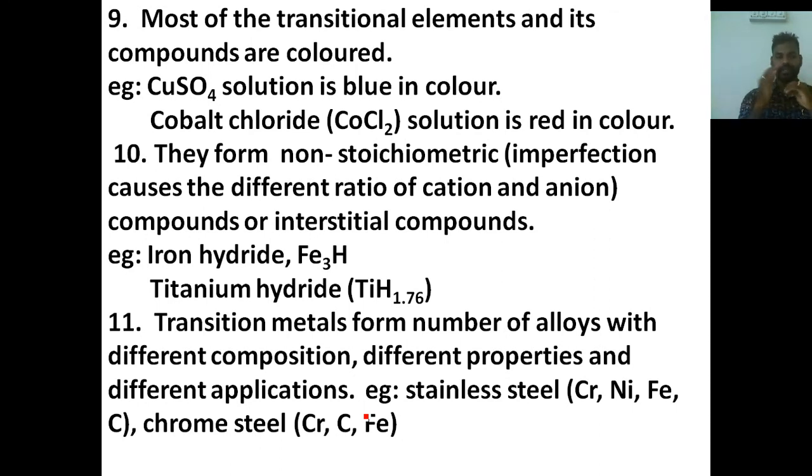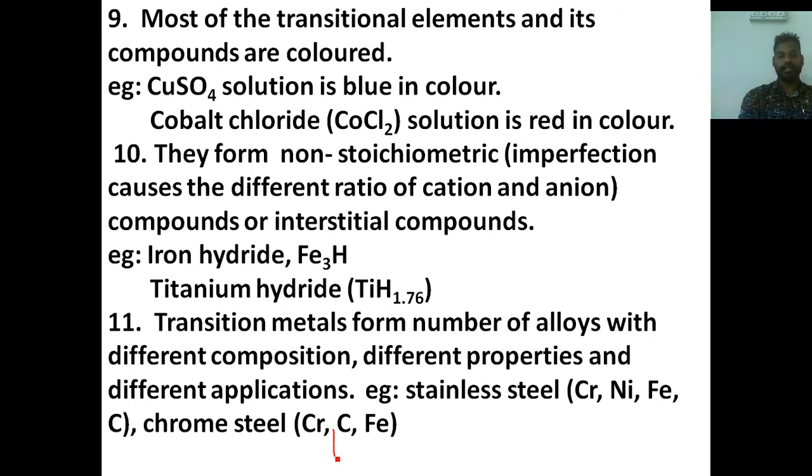They form non-stoichiometric imperfection. What does non-stoichiometry mean? The imperfection causes a different ratio of cation and anion. So in the arrangement, they do not have a perfect arrangement. They have imperfection in between. Because of this imperfection, they have different ratios of cation and anion.